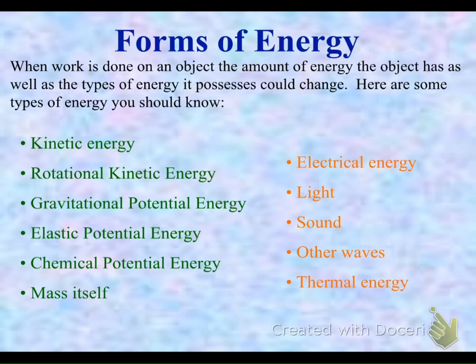Chemical potential energy is, remember you ate earlier today? That's what's making you tired right now. Because the chemical bonds in your food are chemical potential energy. Your body breaks them down, and the sugars go into your body.